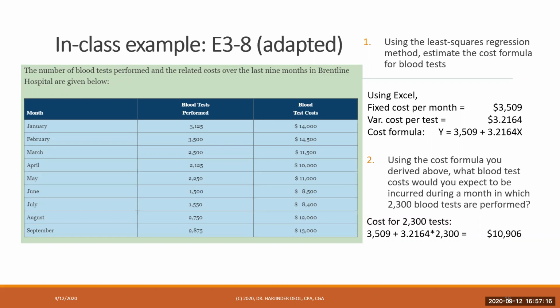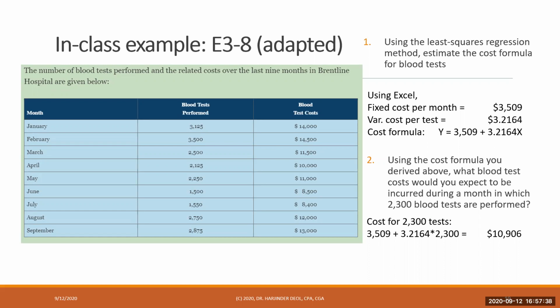The difference is a very small number, $6 for a 5-digit value. I believe the high-low method did reasonably well. And typically, the high-low method will do well when you have few observations, when you have few data points.